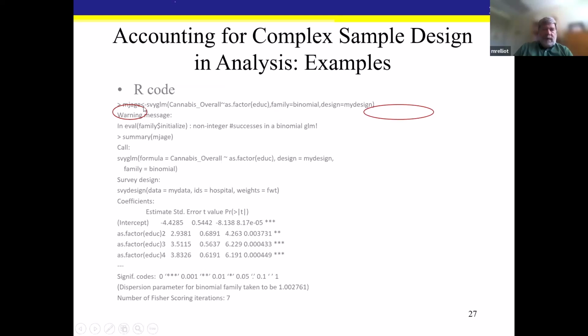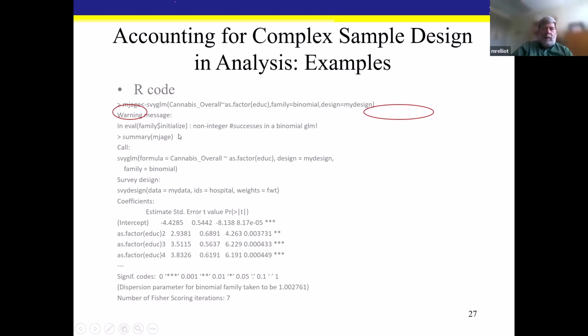I'm using the svyglm now, so now I have a regression model. My outcome, I'm going to use education as a factor, with a binomial family, right? It's a 0, 1 outcome, and I have to tell it my design.